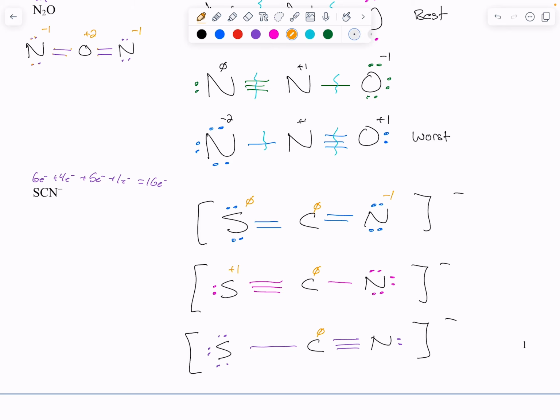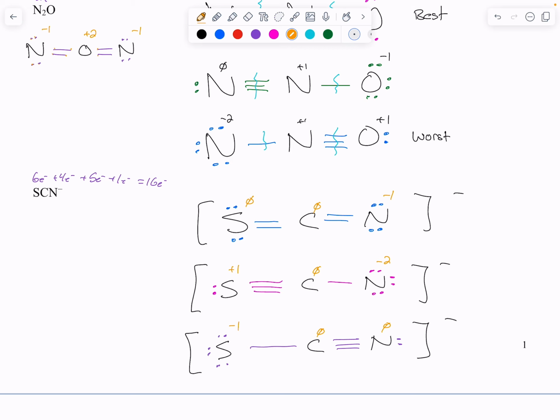Formally minus 2. Purple. 1, 2, 3, 4, 5, 6, 7 for sulfur. Brought in 6, so that's formally minus 1. And nitrogen here. 1, 2, 3, 4, 5. Has 5, brought in 5, formally 0.